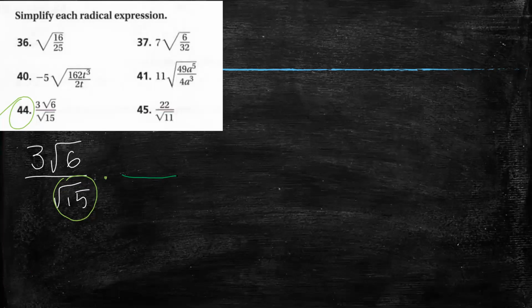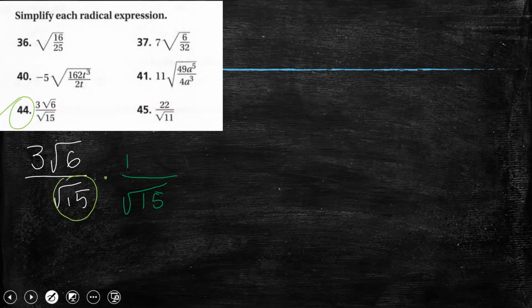Square root of 15. I have to multiply by square root of 15 in the denominator and square root of 15 in the numerator. Then square root of 15 times square root of 15 is 15. And then here, what did we have?